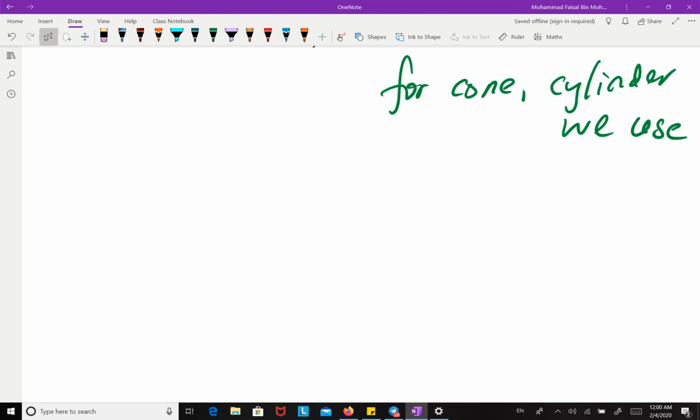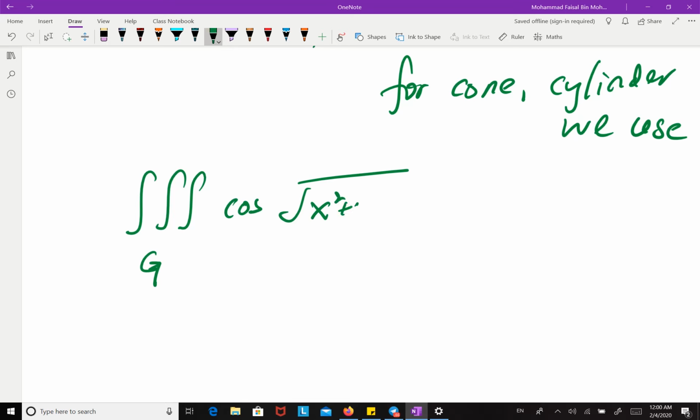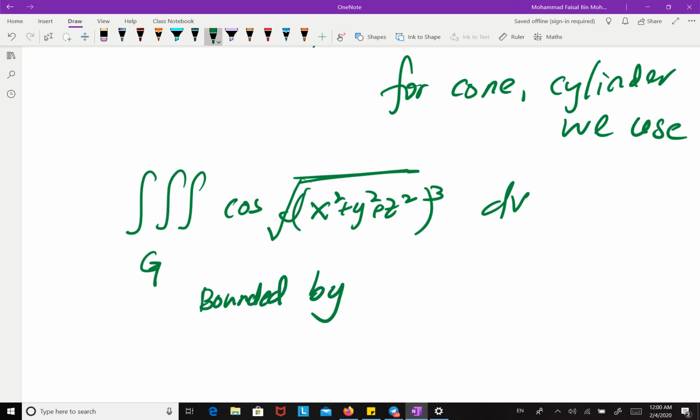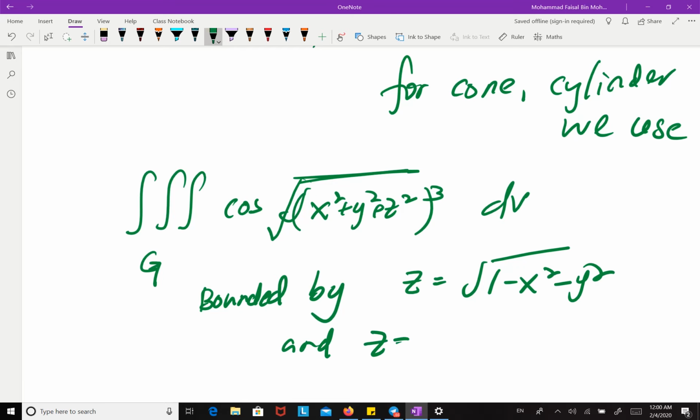They ask you to evaluate the integral using spherical coordinates, that is the triple integral of cos of (x squared plus y squared plus z squared) to the power of 3/2, dV, bounded by z equals square root of 1 minus x squared minus y squared and z equals 0.